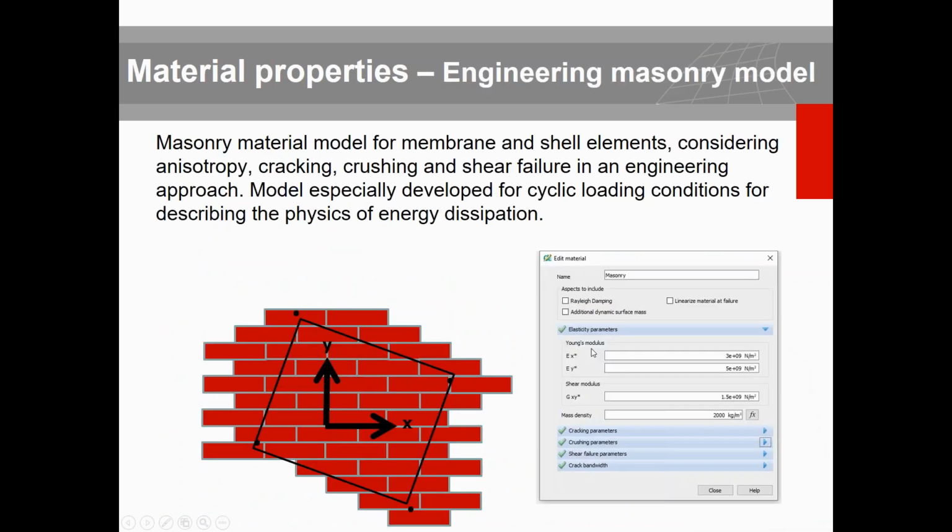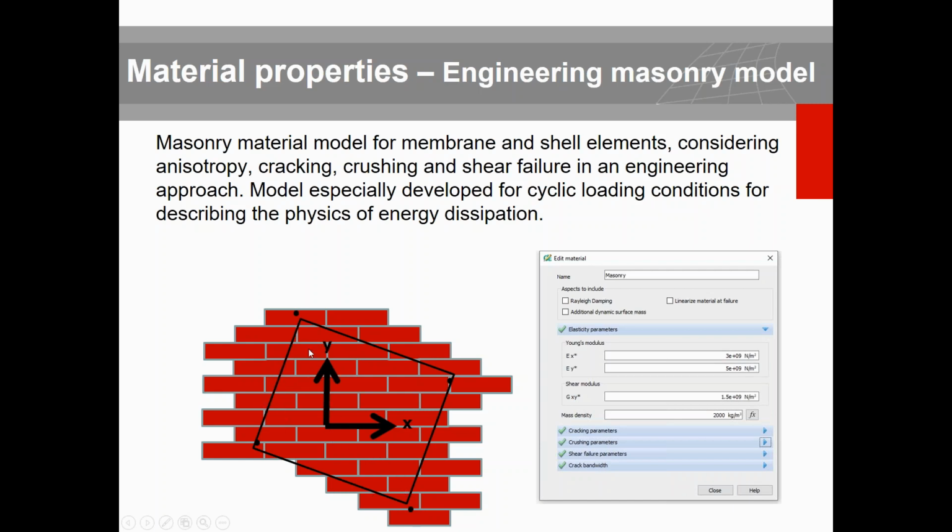At the masonry level, we have the engineering masonry model that helps you to introduce anisotropic cracking, crushing, and shear failure in the model, including some sort of a diagonal crack failure or staircase failure.